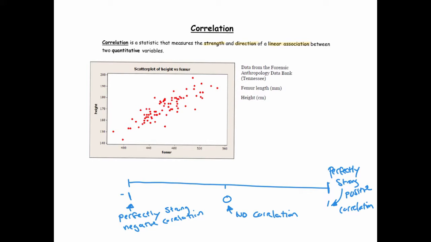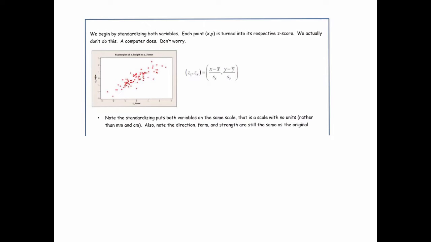So in the next slide, I'm going to give you a brief overview of how this is calculated. What's done is you standardize both variables. In other words, you find the mean of both variables, and once you find the mean, you take every point, and you first focus on the explanatory variables, and you find the z-scores for every single one of those, and then you find the z-scores for every single one of the response variables.